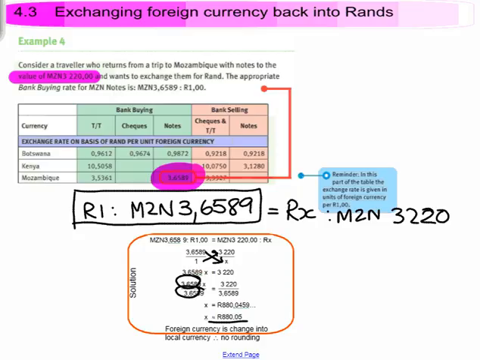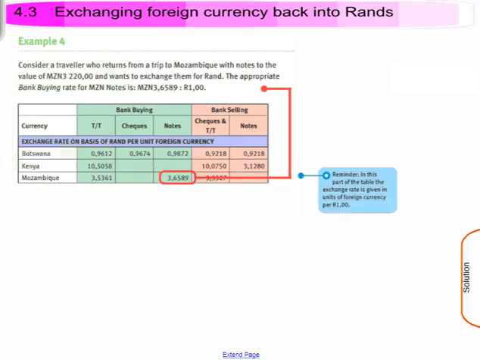Right, let me just clear all the ink. Right, so now when you go, for example, we were dealing with Mozambique meticals, and we saw from our previous examples that you get 3,6 meticals for 1 Rand.